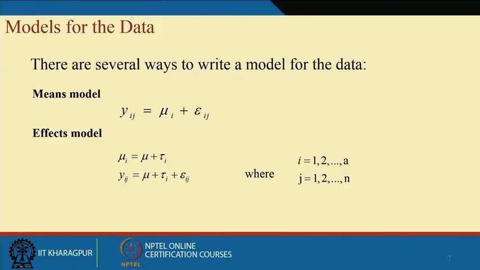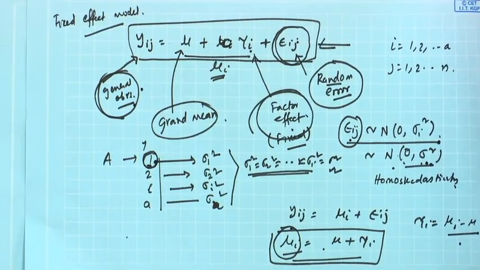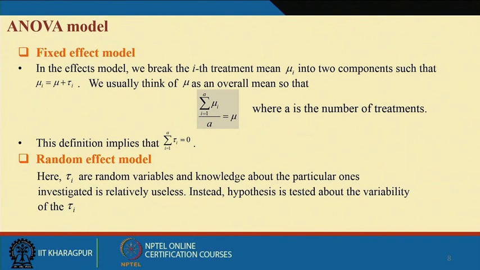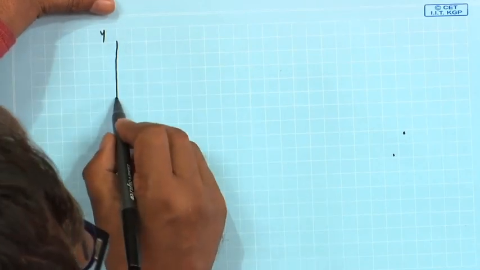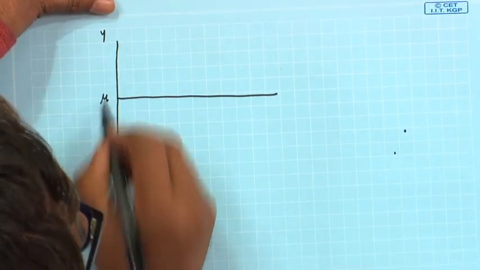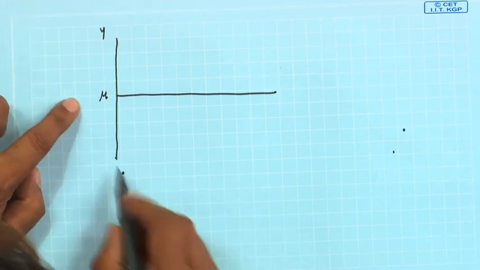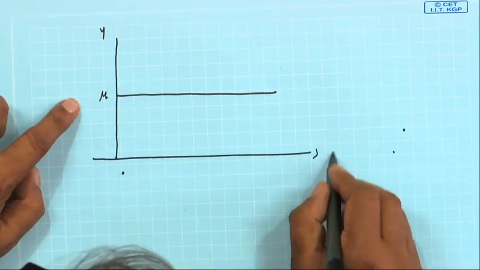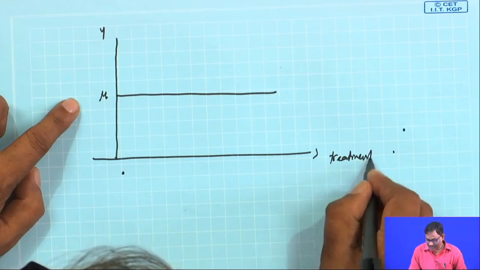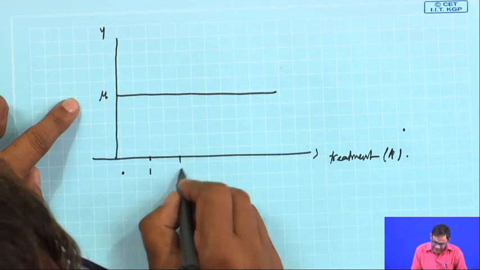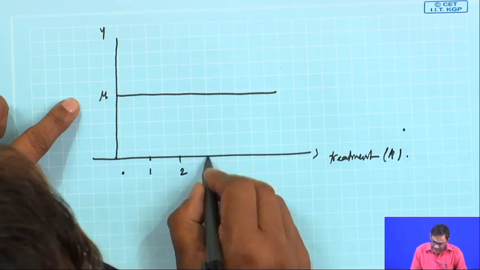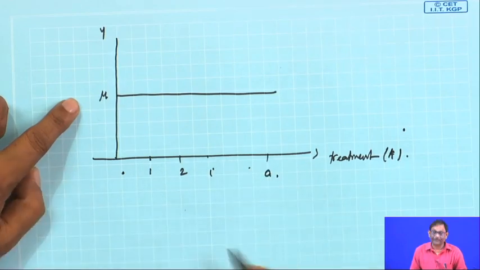So, this is our model data representation and model. And here, interestingly, suppose I plot the data across this side y, suppose this is my mean. Suppose you are talking about these treatments, our treatment is A. So, at different levels, first level, second level, like here it is the ith level, maybe the ath level.